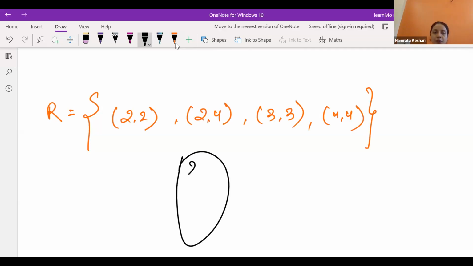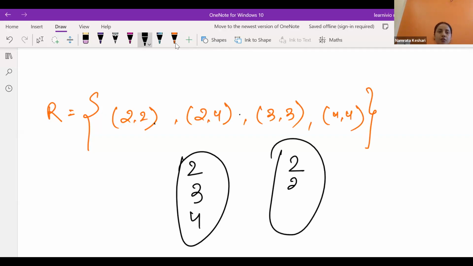2 is there, then again 2 is there, then 3 is there, 4 is there. And here 2, 4, 3, 4. So basically 2 is there, 3 is there, 4 is there. Now let's connect. The image of 2 is 2. The image of 2 is 4.